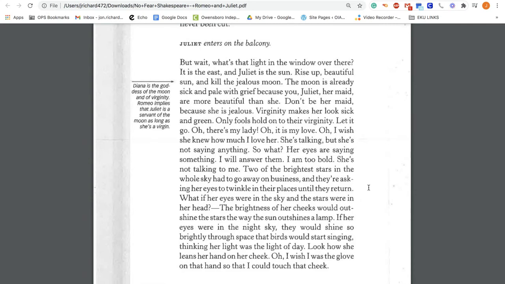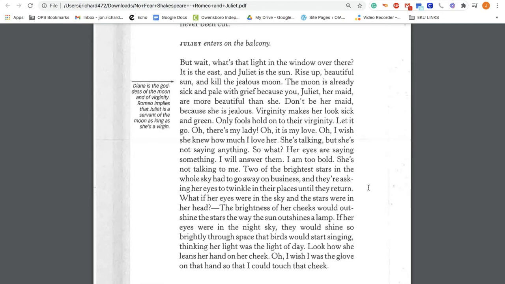Oh, there's my lady. Oh, it is my love. Oh, I wish she knew how much I love her. She's talking, but she's not saying anything. So what? Her eyes are saying something. I will answer them. I am too bold. She's not talking to me. Two of the brightest stars in the whole sky had to go away on business, and they're asking her eyes to twinkle in their place until they return. What if her eyes were in the sky and the stars were in her head?